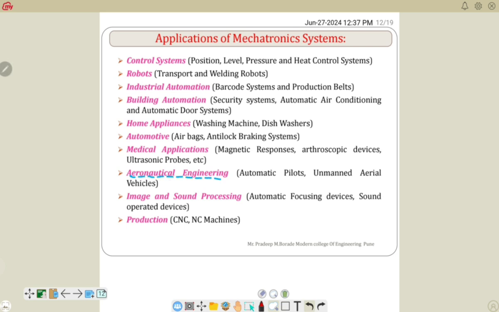In the field of aeronautical engineering, automatic pilots, unmanned aerial vehicles. Then image and sound processing, automatic focusing devices, sound operated devices. And the last one is in production industries, there are some machines, that is CNC machines, which are examples of mechatronic systems. So these are the various applications of mechatronic systems.